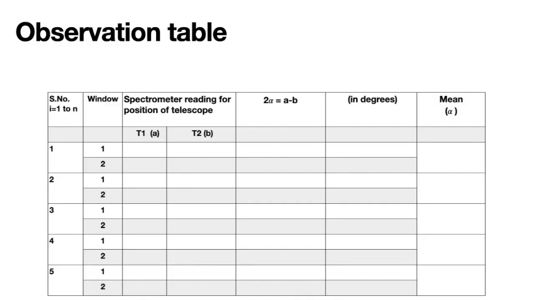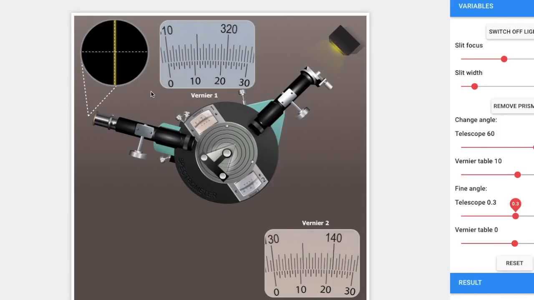So this is our observation table where you need to write these readings. We will be taking these readings 5 times. For the first set of readings, T1 being one position of the telescope and T2 being another, for each position of the telescope you will get two readings from the spectrometer.